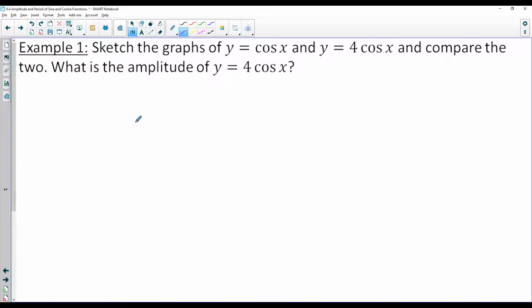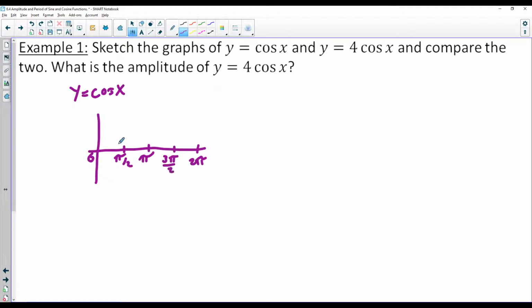Sketch the graphs of y equals cosine x and y equals 4 cosine x and compare the two. And then I ask for the amplitude. So just as a quick refresher, if I have y equals the cosine of x, when we did our graph, we went out to 2 pi and cut our halves in half, pi halves, 3 pi halves, and our max was 1 and our minimum was -1.